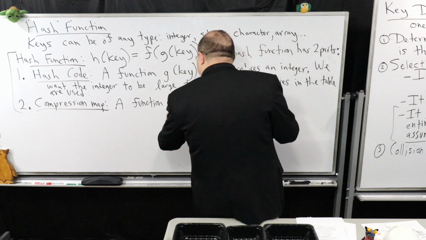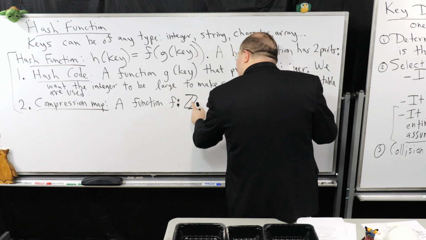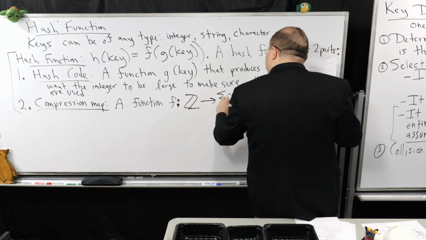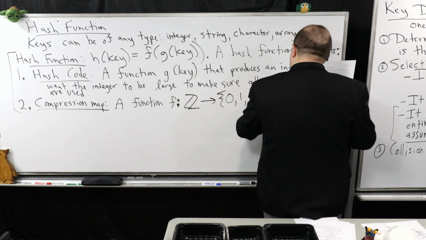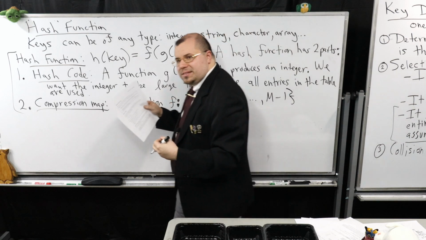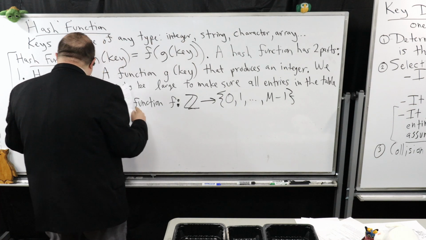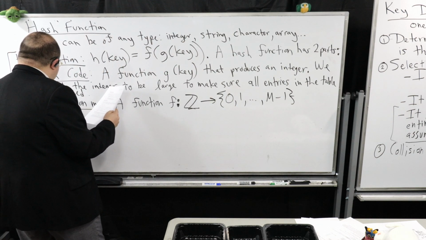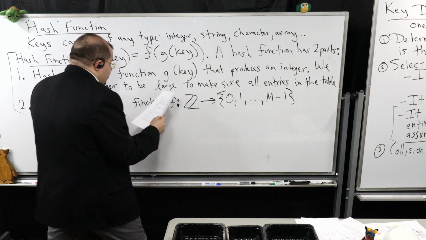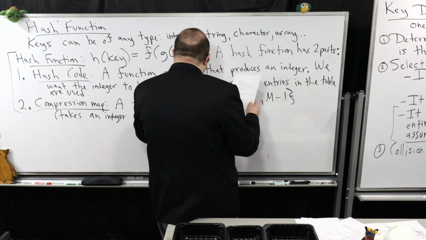It's a function that takes in an integer as input, and as output, it gives a number within the range of 0 up to m minus 1. Remember, capital M is the size of the table. Just to be very clear what this means, it takes an integer and gives a position in the hash table.